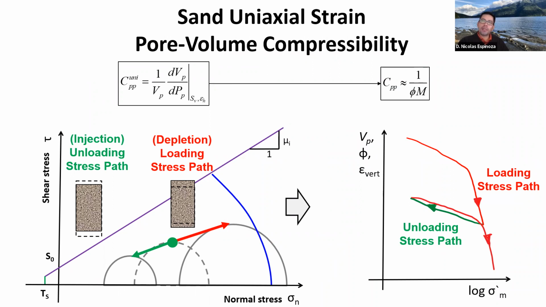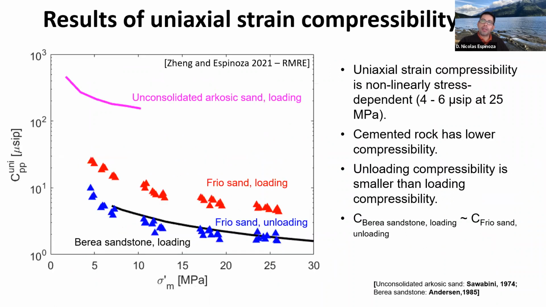It's not actually easy to measure, but it can be measured, and it's very important because the lower the compressibility of the rock being injected, the higher the increase of pressure for a given amount of injected CO2.